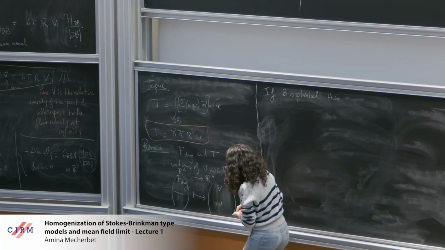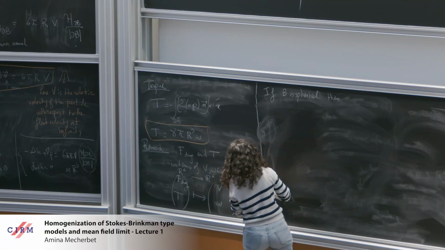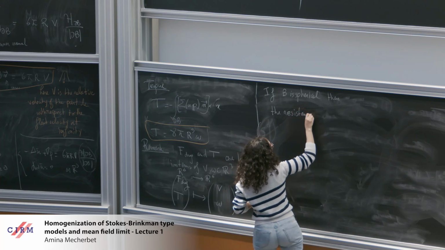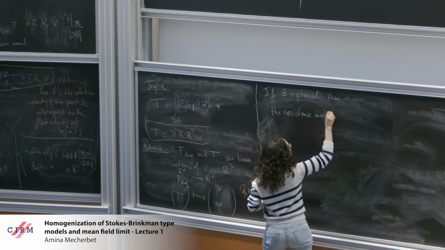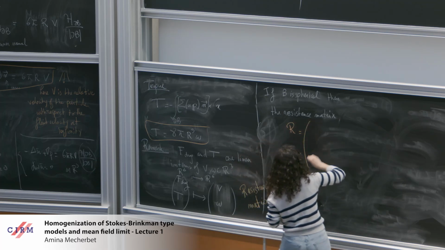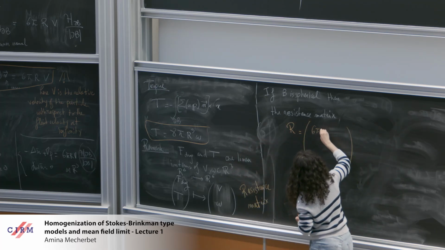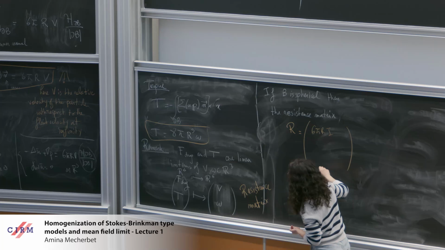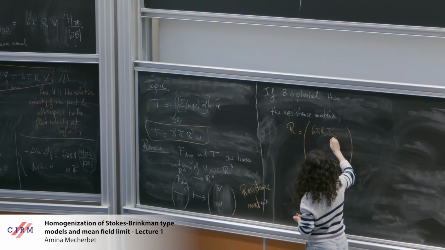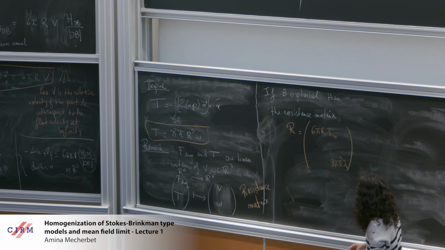So I will call it R, the resistance matrix. So as you can see, it will be 6πR identity and 8πR identity in 3 dimensions. But in general, it's not true.